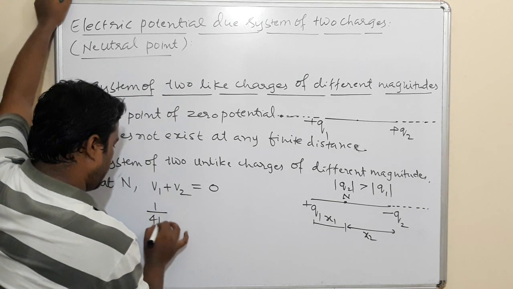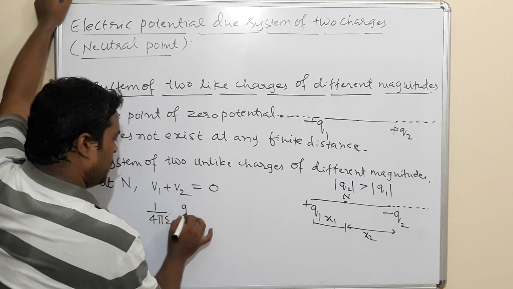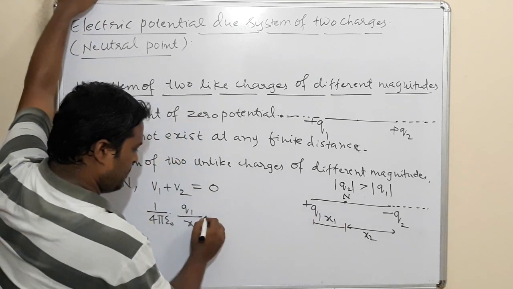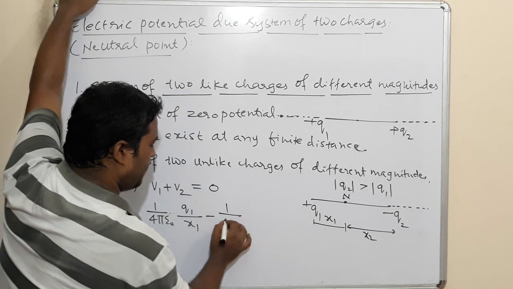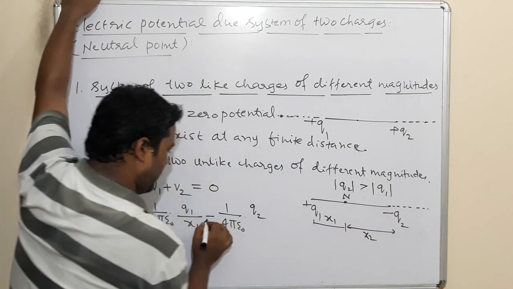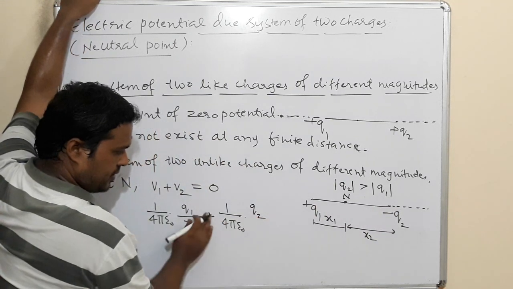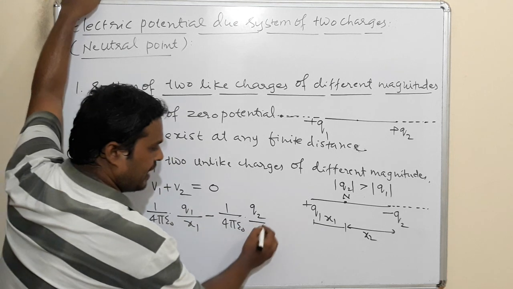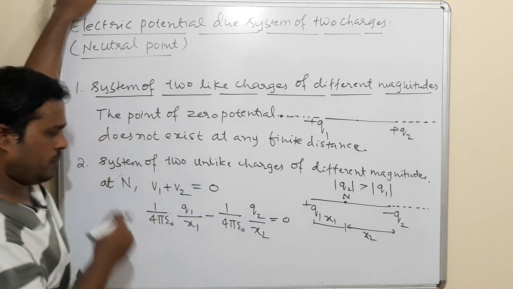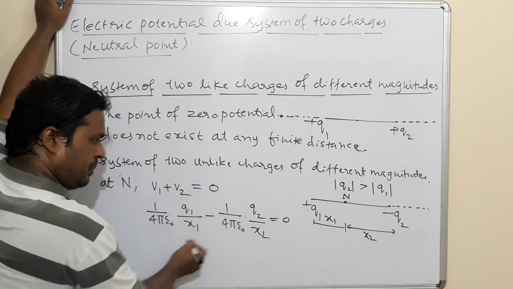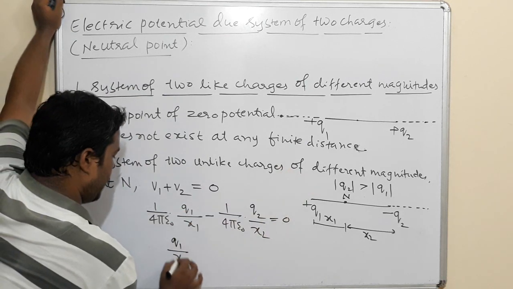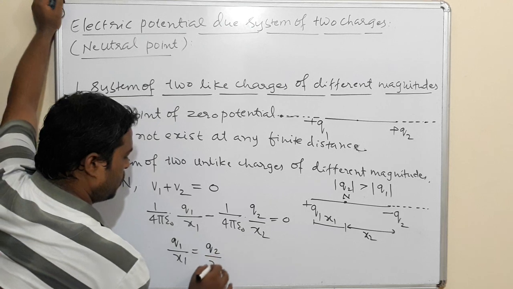It is 1 by 4 pi epsilon naught, Q1 divided by x1, plus 1 by 4 pi epsilon naught, minus Q2 by x2. Here I put minus Q2, so this will be negative. Then the total potential will be 0. If I take 1 by 4 pi epsilon naught common and move it to the right side, what I get is Q1 by x1 is equal to Q2 by x2.